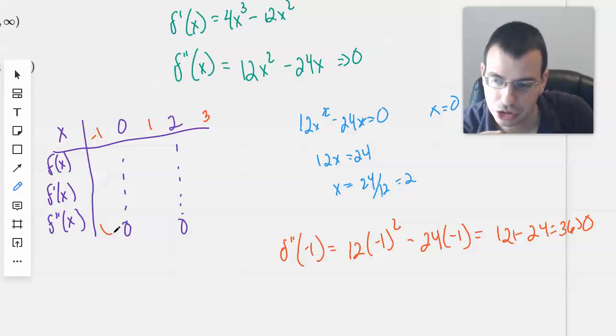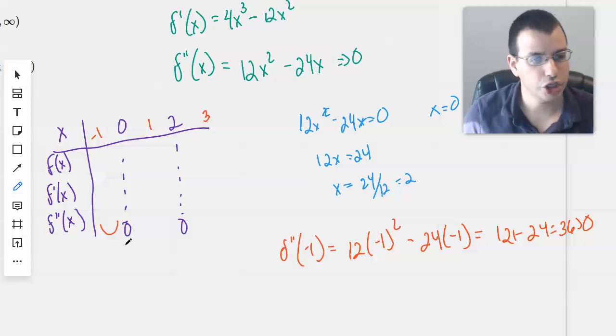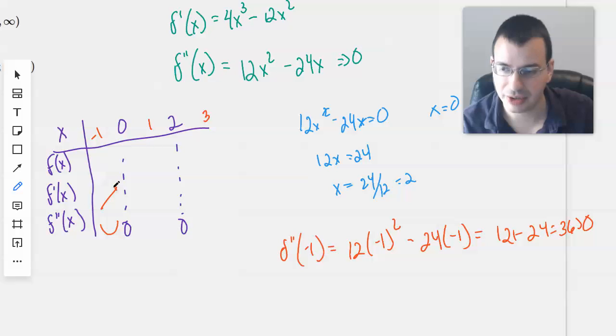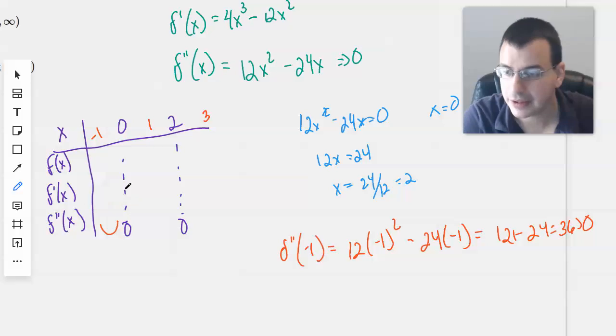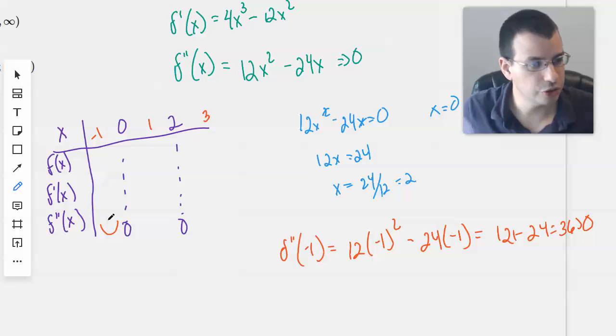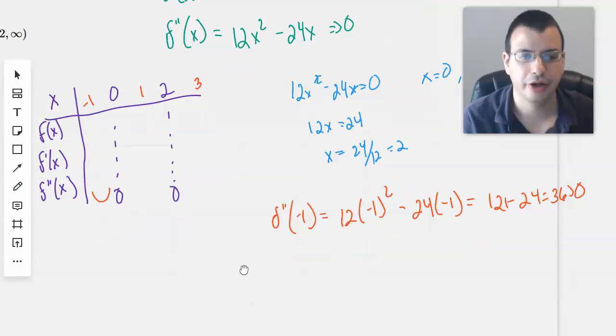The way I like to do that is I draw a U. When I want to do positive slope, I usually draw something like this, and for positive f of x, I just do a plus sign. For concavity, I like to draw a little U because a U is concave up, a good little visual.